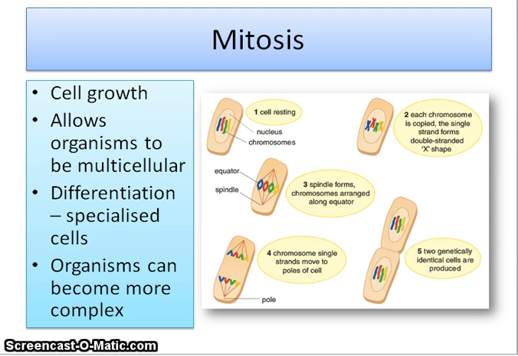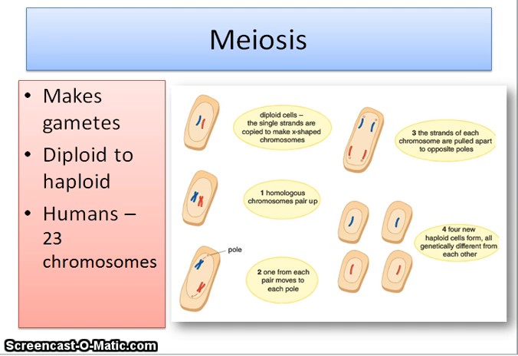That's asexual reproduction because it's just an exact genetic copy of the mother. They have the same alleles, that's another key word, alleles, and an allele is just a version of a gene. Okay, so that's mitosis, making an exact genetic copy.